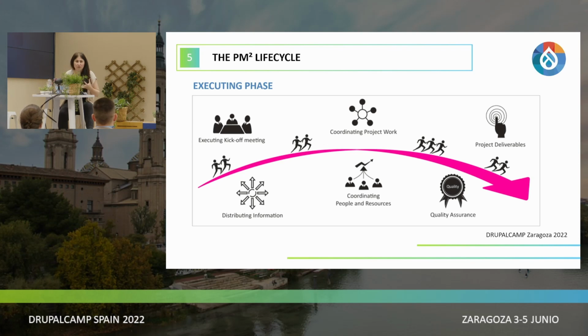We also produce our plan for the different deliverables we might need during this phase, and the most important, quality assurance of different activities to ensure that the agreed plan, the agreed scope, is really following the standards that we have defined in whatever context.